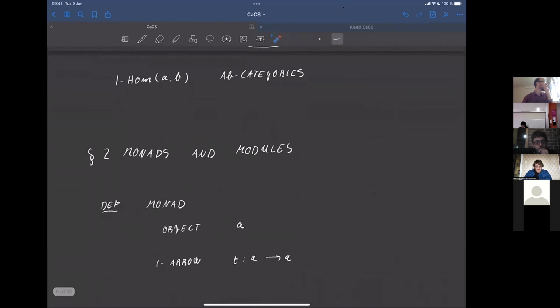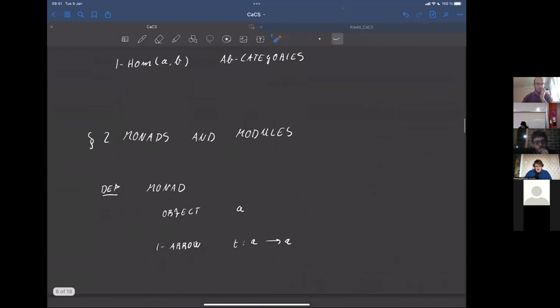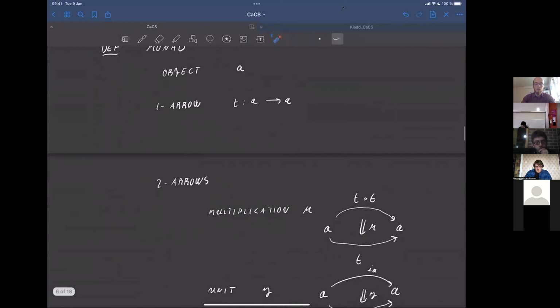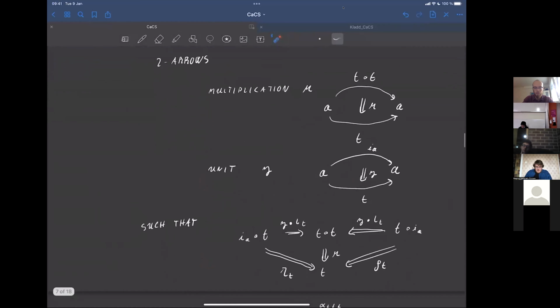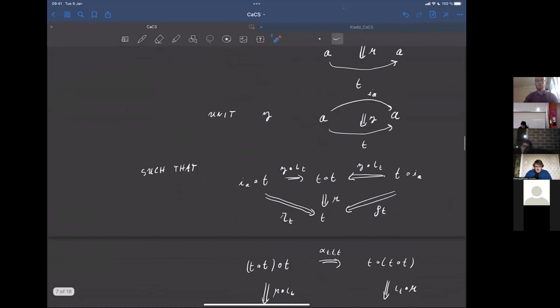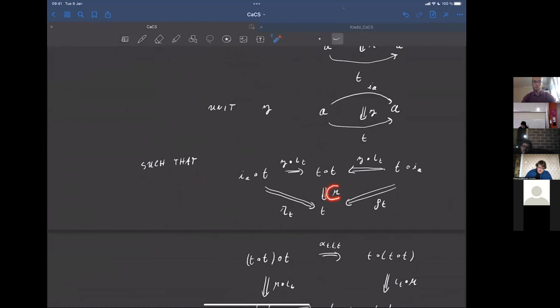By monad, I mean an object A together with a one arrow T and two arrows: a multiplication rule that associates T composed with itself to T itself, and a unit which will act as a unit for this multiplication, that is a relation from the unit of A to T. So this should satisfy two diagrams.